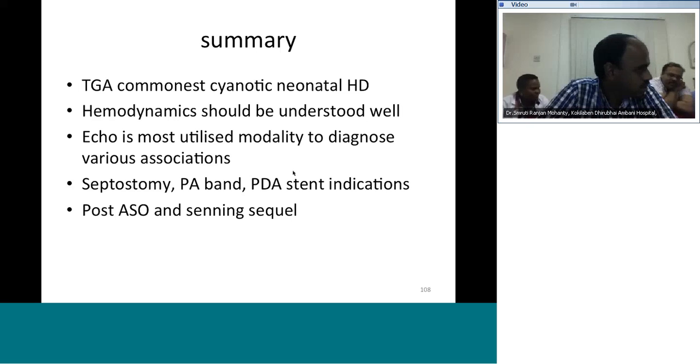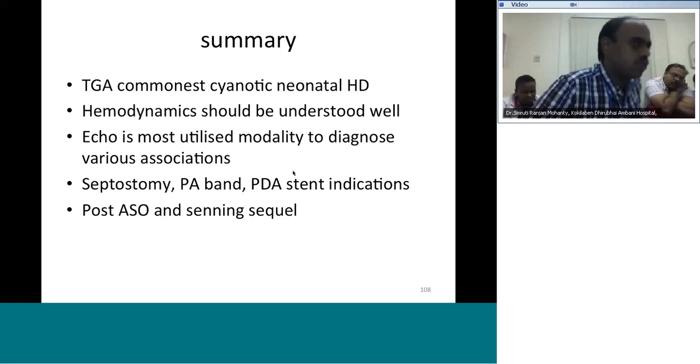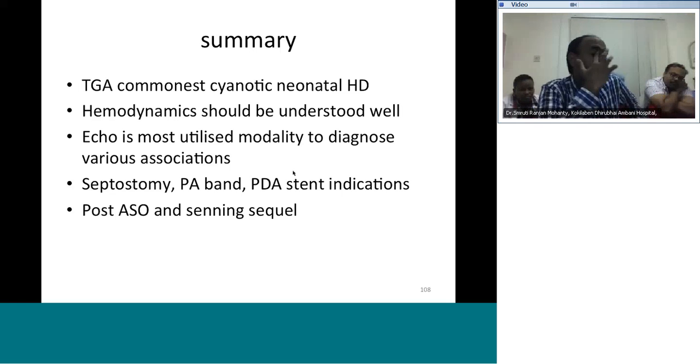More than 1.5 is prepared. 1.5 is too small. 2.5 gram per ml is what is needed. If you do a volume assessment of the left ventricle in a classical transposition, very often you will have a volume something like 4 ml, 3 ml. Very small, LV will be very small.